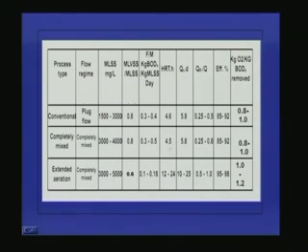HRT varies from 4 to 5 hours and theta c varies from 5 to 8 days. QR can vary from 0.25 to 0.8, again depending upon the process. Efficiency is 85 to 92 and the oxygen transfer rate is exactly the same, 0.8 to 1.